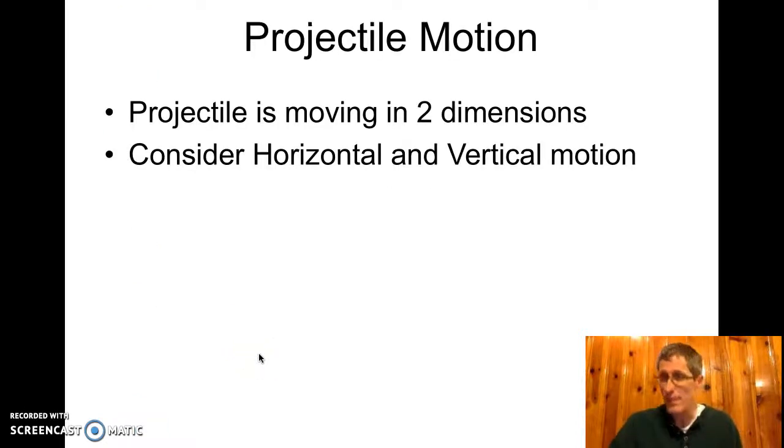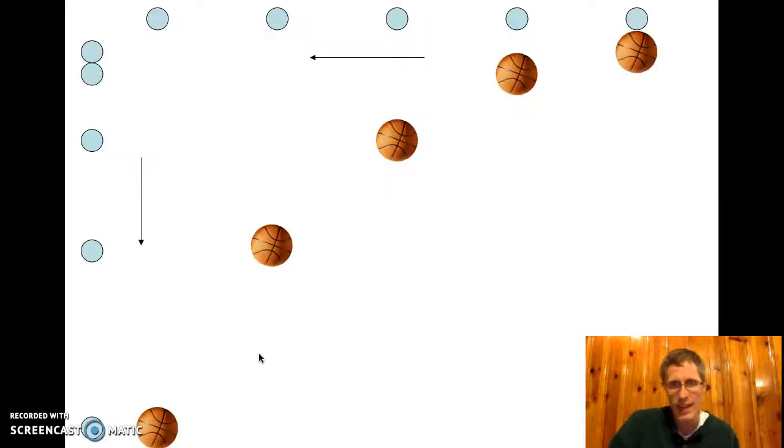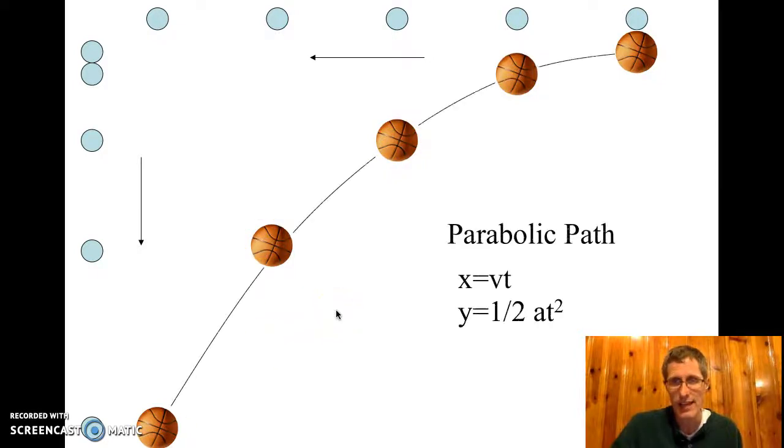Okay, let's put this all together. In projectile motion, you've got something moving in two dimensions. We can consider the horizontal and vertical motion separately, and this is what it should look like if you were looking at it in Logger Pro. One frame, next frame, next frame, next frame, next frame, and the equations you'd model this with are x equals vt, that's the horizontal motion, and vertically, y equals 1/2 at squared.